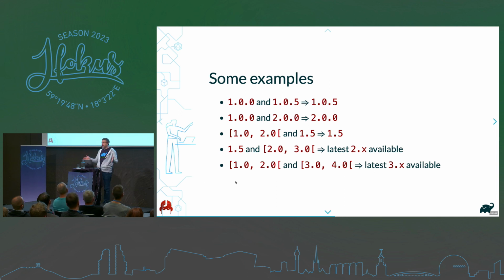And if you've got two ranges, you'll still get the highest of the highest range if they don't have an overlap. But if the ranges have an overlap, then we will pick a version that's inside the overlap. And again, this is not something that I expect you to know by heart, but it's useful information to understand why a dependency graph looks the way it is in the end after you've done your resolution.